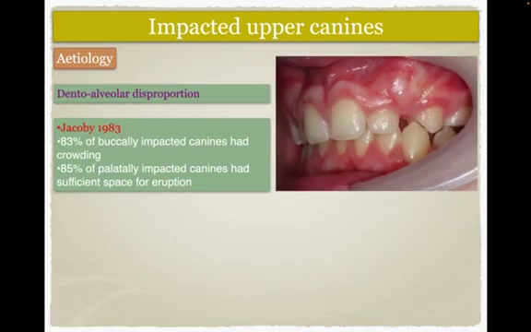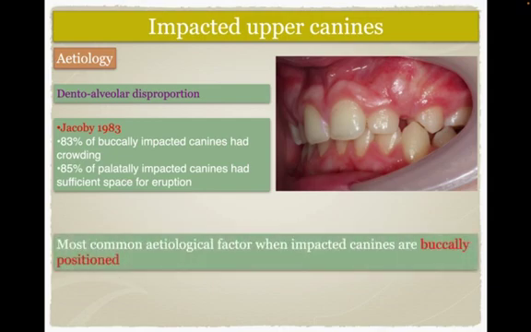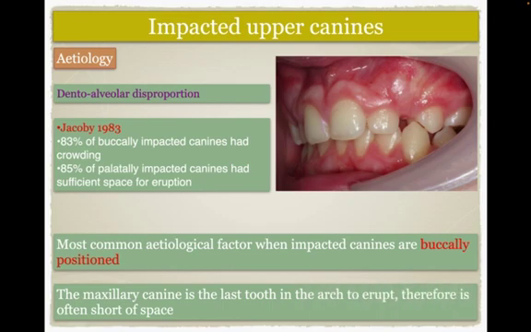Now, dentoalveolar disproportion, which is basically crowding. 83% of the buccally impacted canines have crowding, while 85% of the palatally impacted canines had sufficient space, meaning no crowding. So basically, the main etiology for the buccally positioned canine is crowding. That's simply because the canine is the last tooth to erupt in the arch. So if we have a space loss, the 4 will erupt and find space, the 5 will erupt and have space.